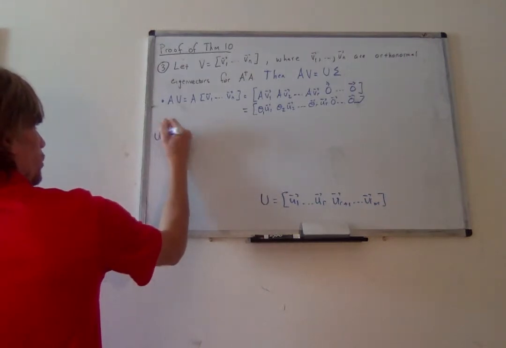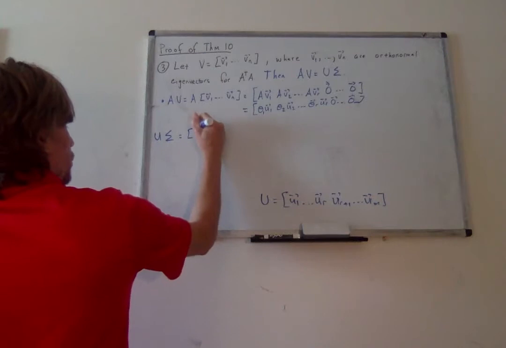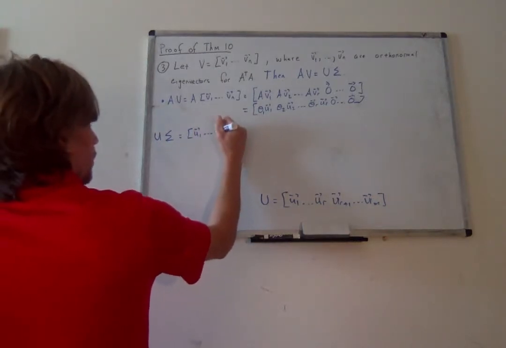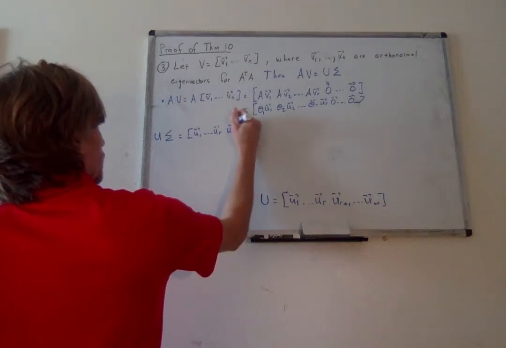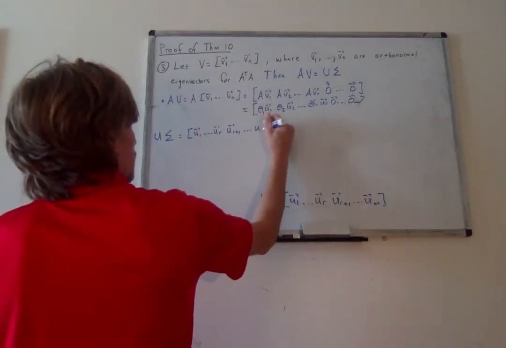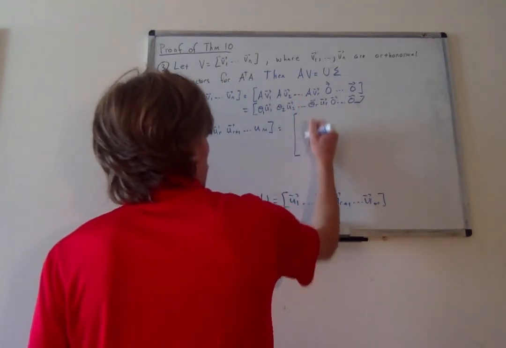So now notice U times sigma. Well, we've defined U to be the following matrix, and sigma to be this block matrix.